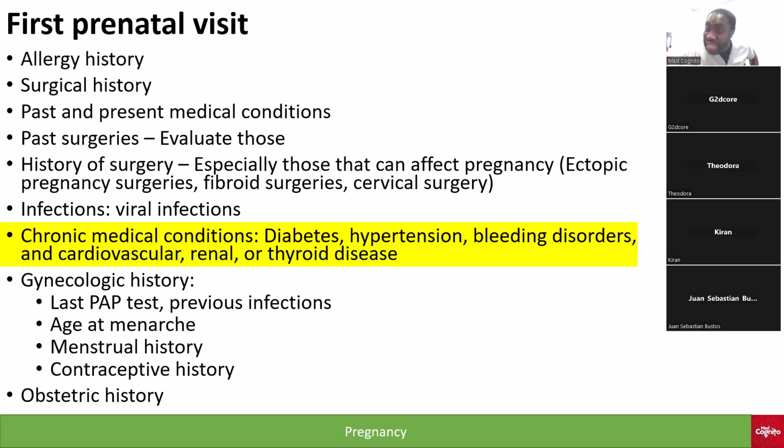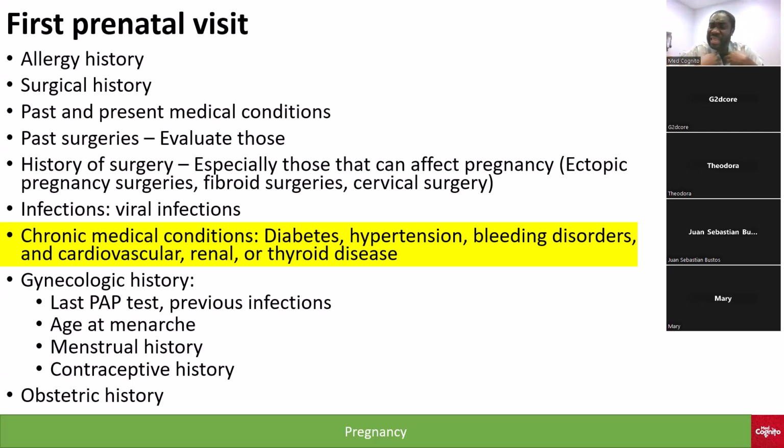And if somebody has a bleeding disorder plus pregnancy, not good, friends. Because don't forget that at the end of pregnancy, there must be delivery. When there's delivery, there will be bleeding. And if the patient has a bleeding disorder, my goodness, you better start preparing for that. Because if it is not catered for, the patient can bleed to death, right? And then cardiovascular disease.